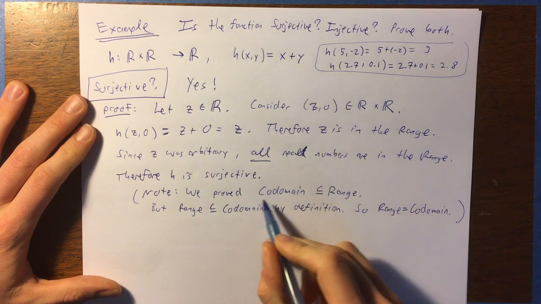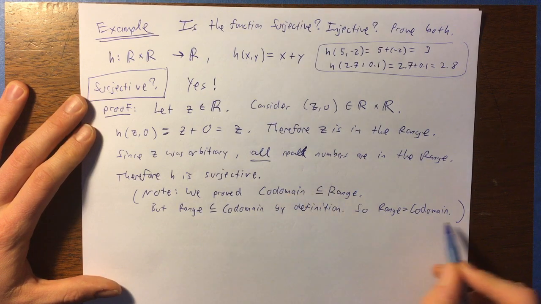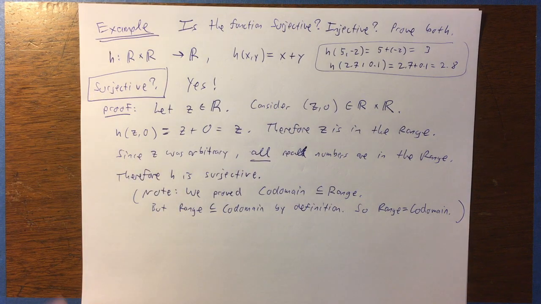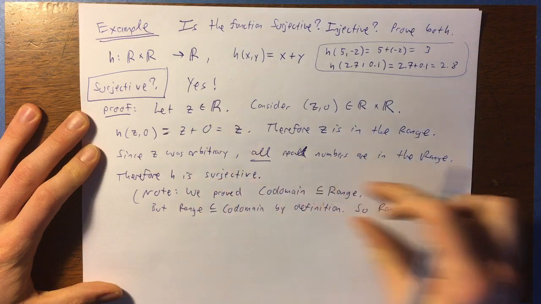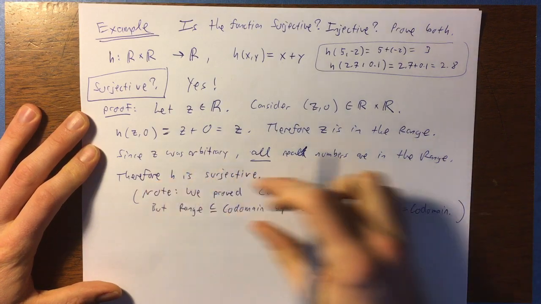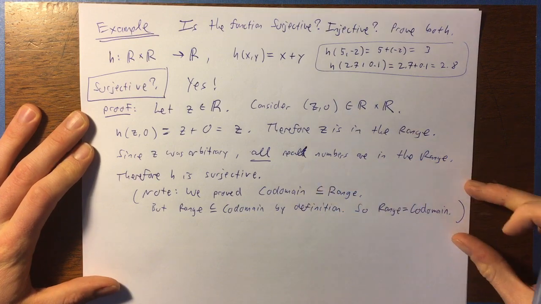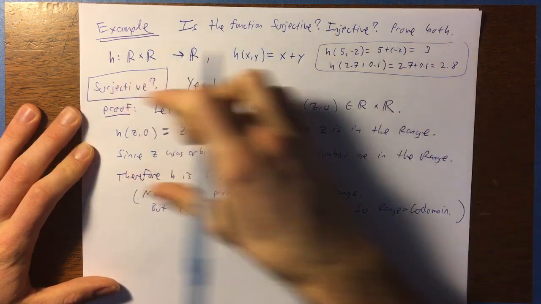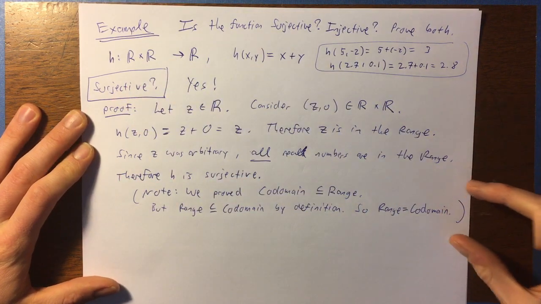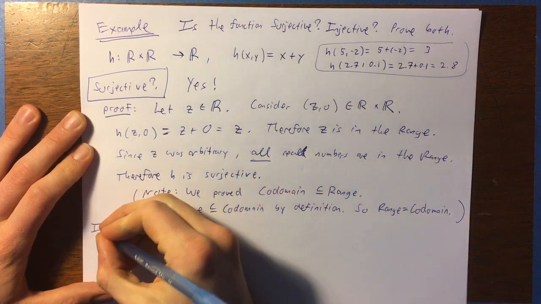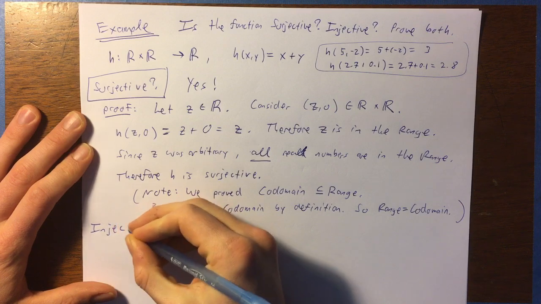All we need to prove is that anything in the codomain is in the range, and then we'll get what we need for surjectivity. So I just wanted to make that note. I did not include that in my proof, but this is kind of what's going on under the hood. This supports the conclusion here. I didn't actually appeal to it in the text of my proof, but this is, strictly speaking, what is going on.